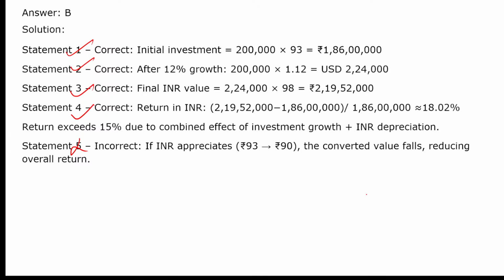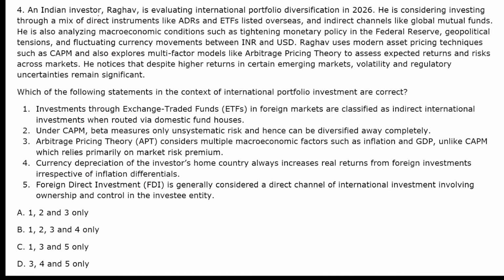Next question. An Indian investor, Raghav, is evaluating international portfolio diversification. He is considering investment through a mix of direct instruments like ADRs and ETFs listed overseas and indirect channels like global mutual funds. He is also analyzing macroeconomic conditions such as tightening monetary policy by the Federal Reserve, geopolitical tension, and fluctuating currency movements between INR and USD.